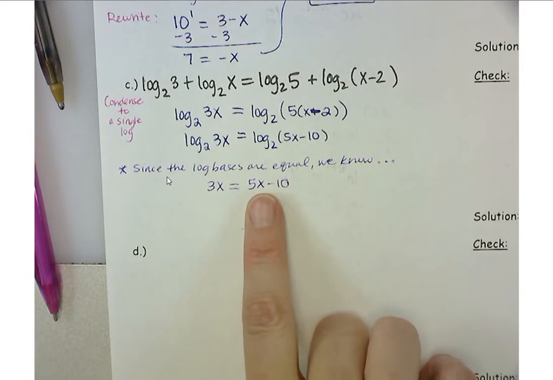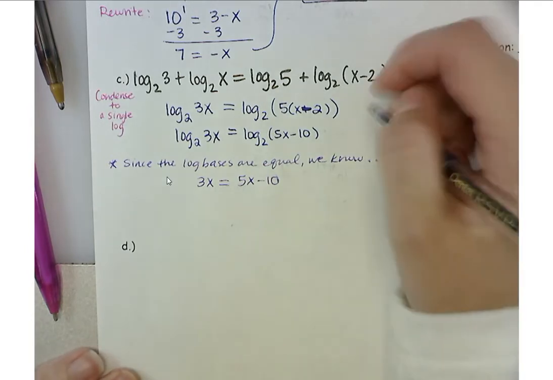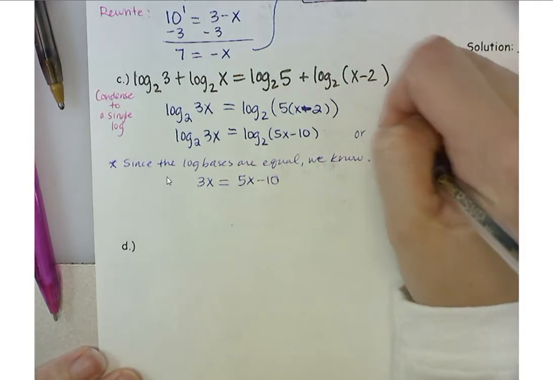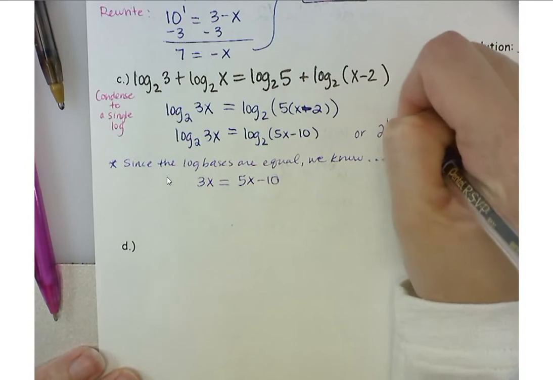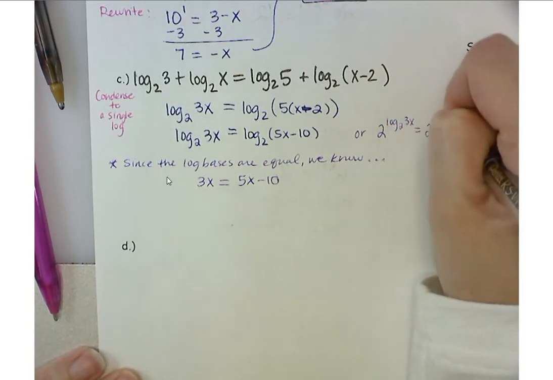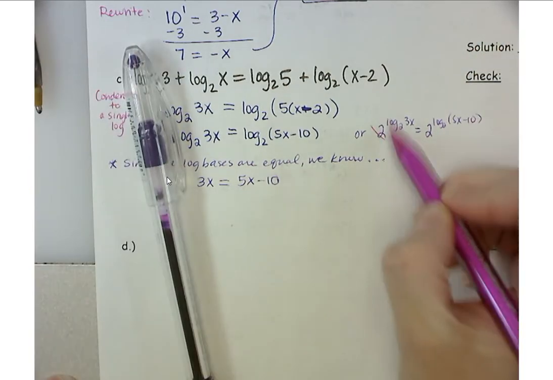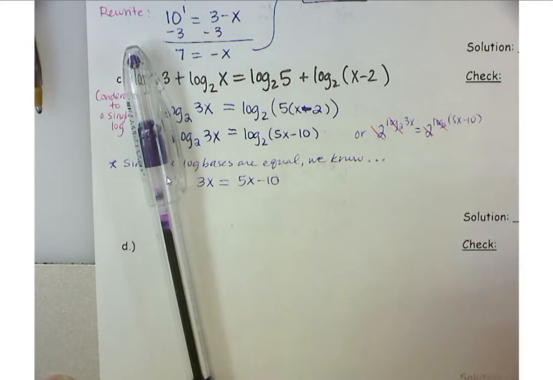You could also use exponentiating, right? If I were to exponentiate, what would my base be on both sides? Wouldn't it be 2? So wouldn't I have 2 to the log base 2 of 3x equal to 2 to the log base 2 of 5x minus 10? And what would happen with 2 to the log base 2? Those would cancel, these would cancel, so we'd still end up here.